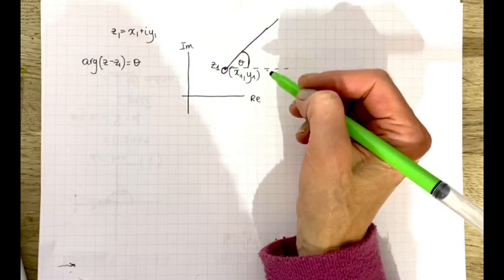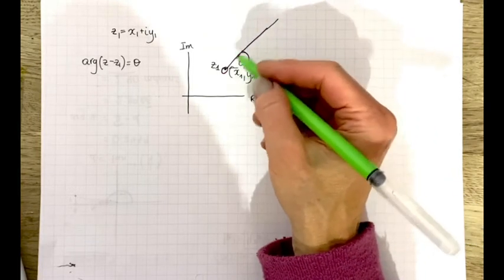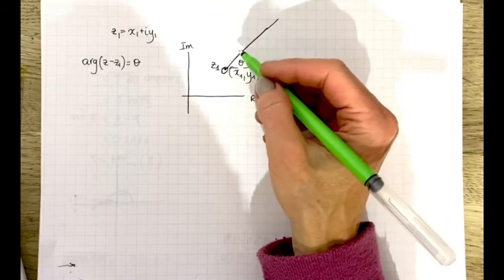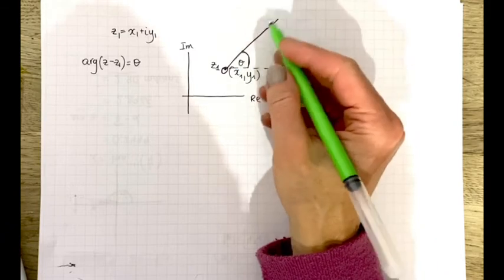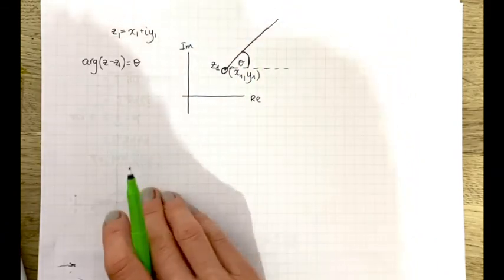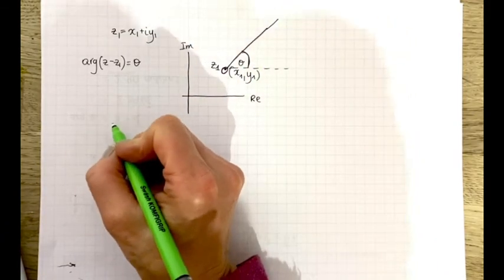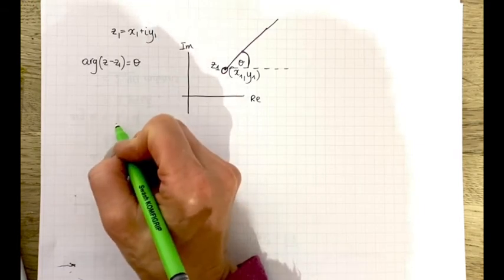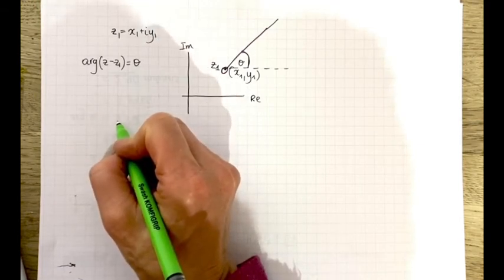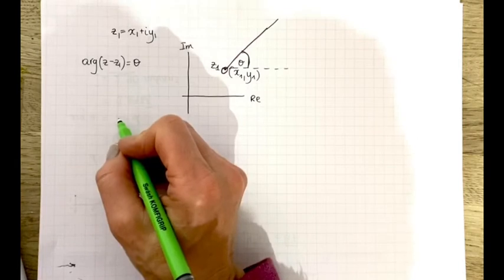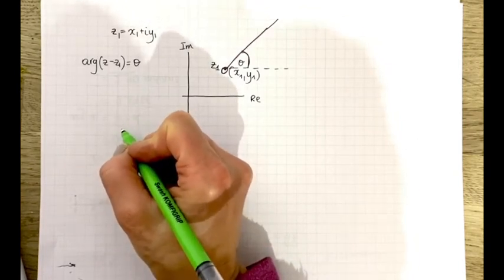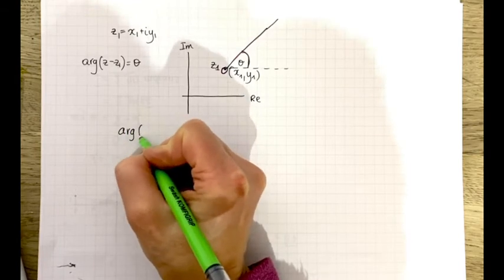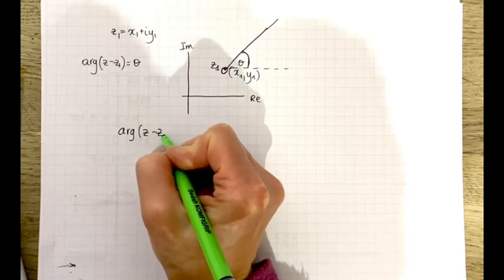So all the other points that are making that angle theta from this particular point. Okay, so you need to be able to find the equation of that line. Obviously, you will have to restrict the domain to define this line as a half line subsequently. One way to find the equation of that line is by using the definition of an argument. So we've got argument of z minus z1.